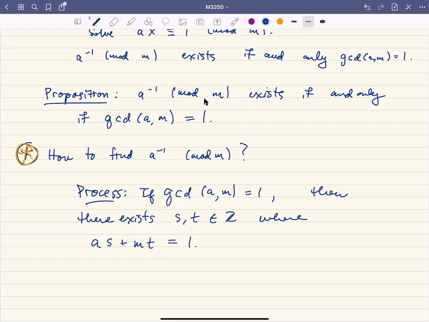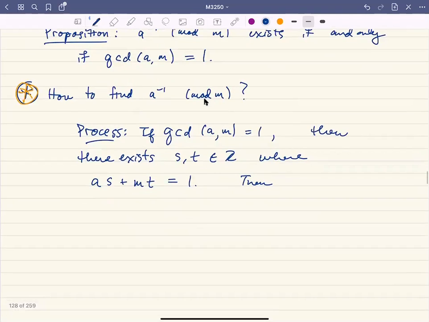So if A and M are relatively prime, we can write as plus mt equals 1 for some integers s and t. And in particular, as plus mt, if it's equal to 1, then it's congruent to 1 with any modulus, in particular mod m. So as plus mt is congruent to 1 mod m, because not only are they congruent, they're actually equal.